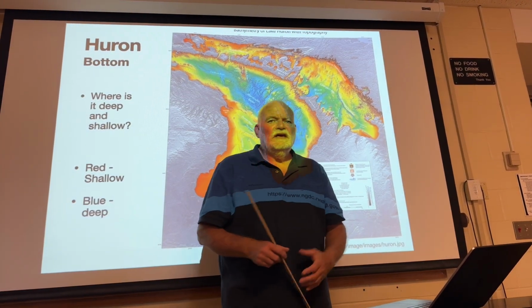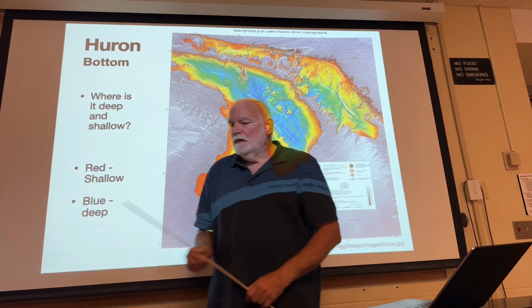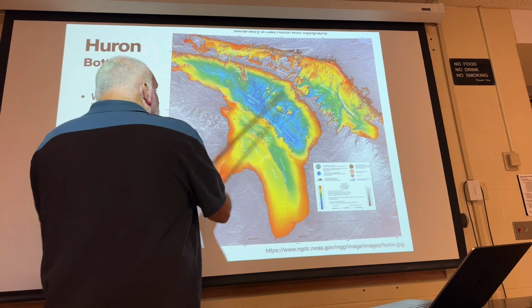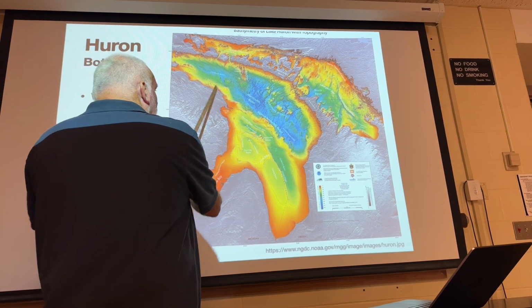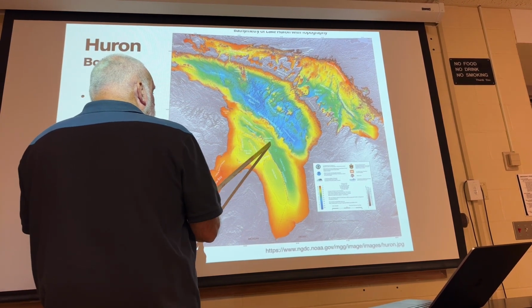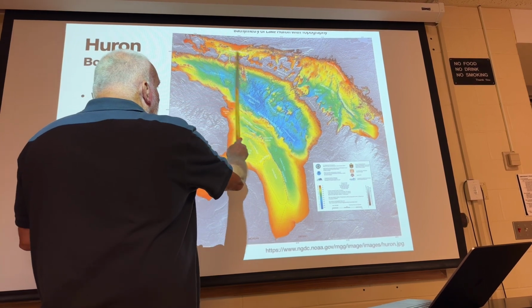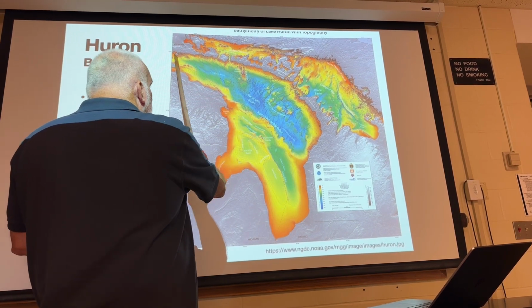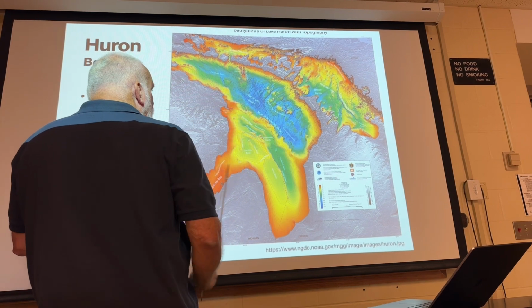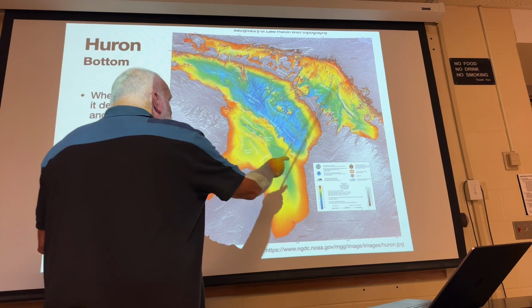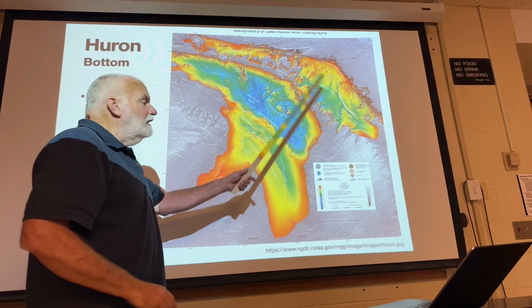Zooming in on Huron again. These are the colors. One of the things we see is that it's not simply a hole, it's a whole complex hole. And this is an arch of bedrock that breaks off Lake Huron from the Georgian Bay. This is a great Canadian tourist area because it's all islands and bays.